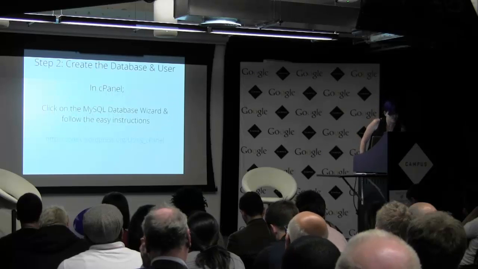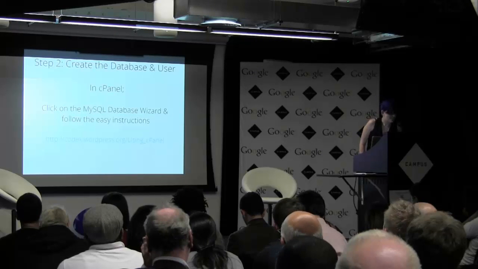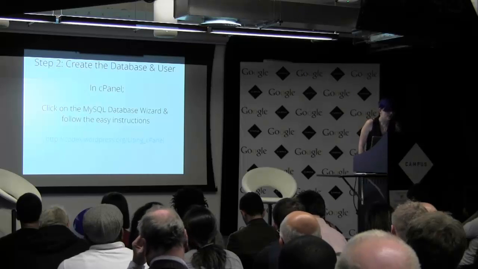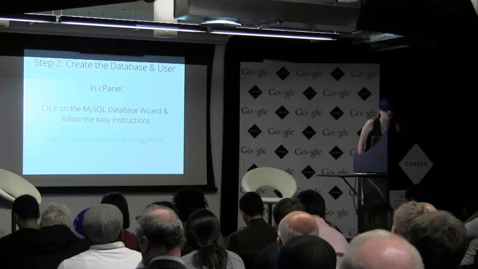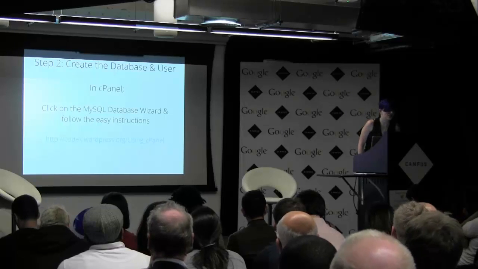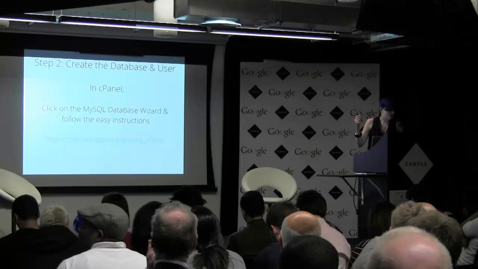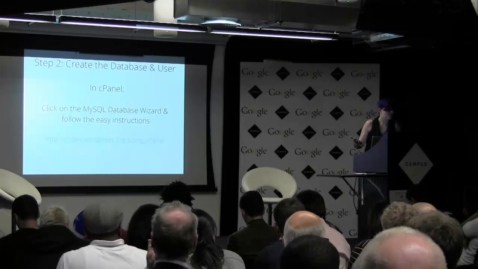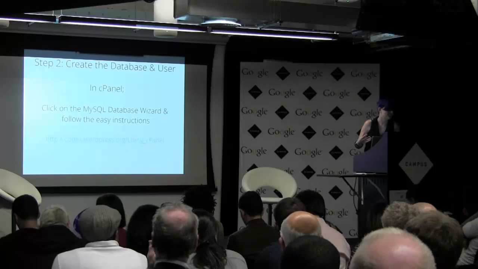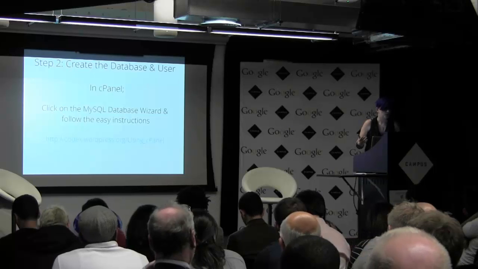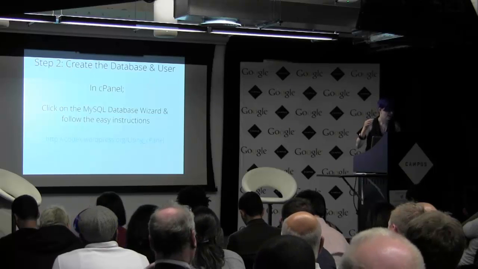So, step 2 is a little bit more complicated, but I think that step 2 is about as complicated as it gets. So if you get through step 2, then you should be alright for everything else. Now, most of the time you'll have a control panel, and it will come with a wizard. That means that you can set up your database just by filling in fields.